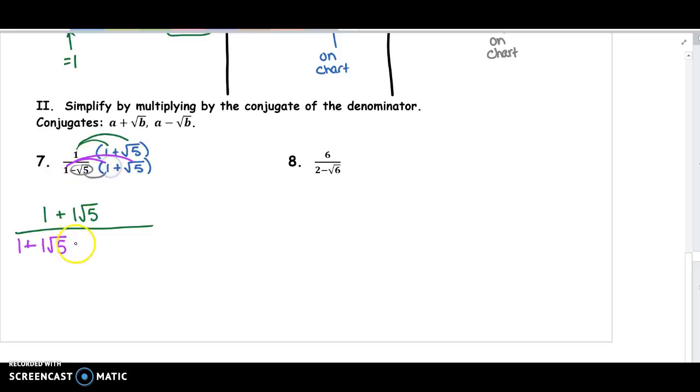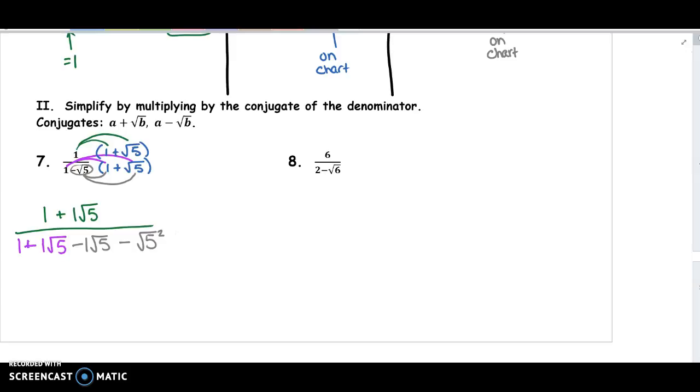Negative square root of 5 times 1 is negative 1 square root of 5. Negative square root of 5 times positive square root of 5. Because it's negative times positive, it's minus. Square root of 5 times square root of 5 is the square root of 5 squared.